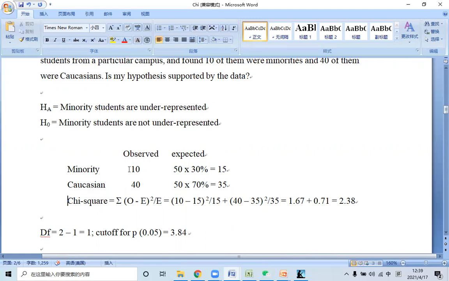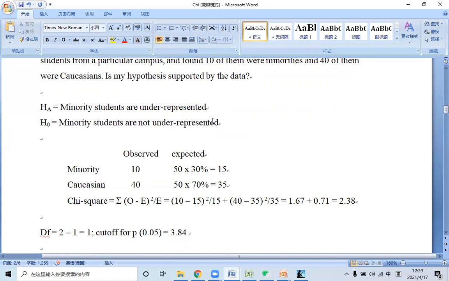And you need a comparison standard or benchmark. Your comparison is called the expected value. What do we mean by expected? This means that suppose the null hypothesis is true, suppose the minority students are not underrepresented.